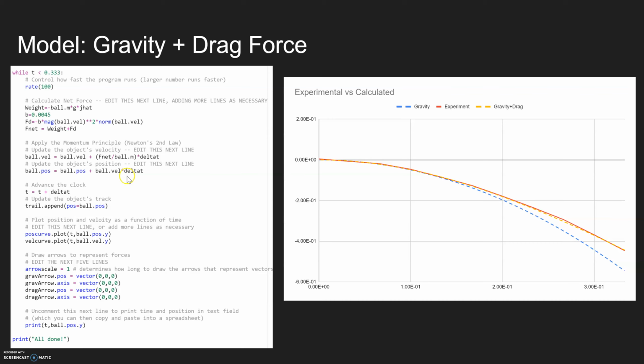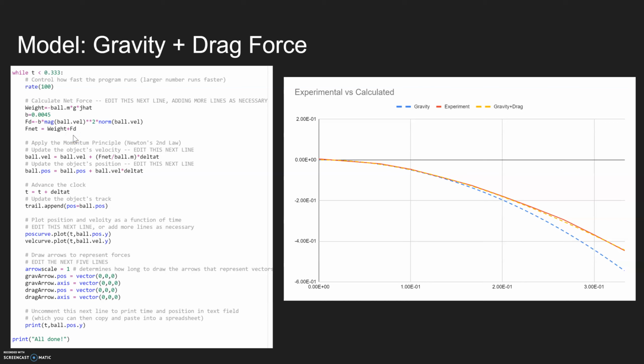Now the weight force is being opposed by a drag force represented by Fd in the opposite direction, indicated by this negative sign, and the magnitude is proportional to the square of the object's speed. The found proportionality constant was 0.0045, and the new net force included the addition of this drag force and the weight vector.